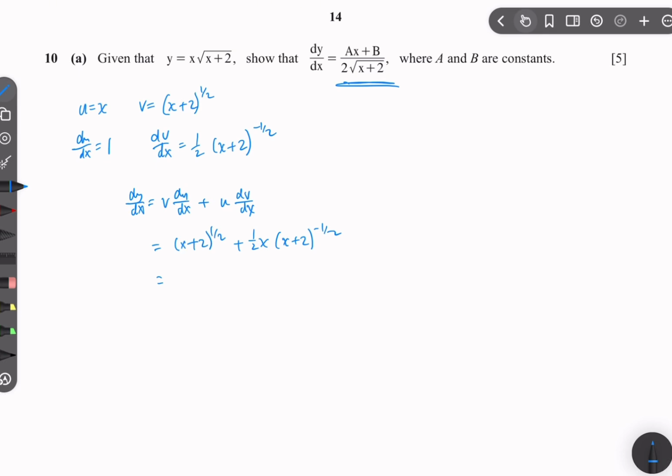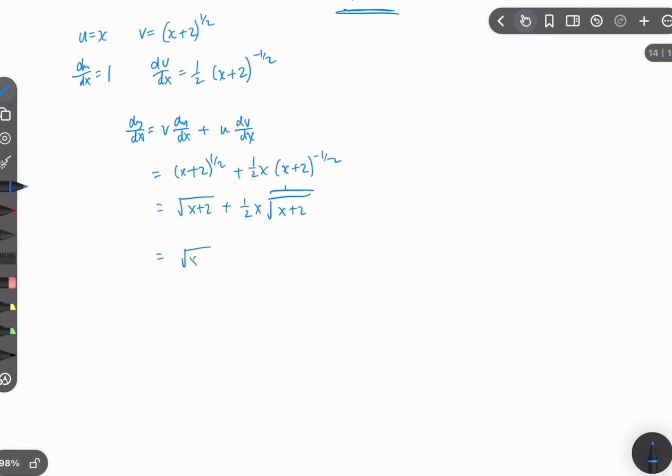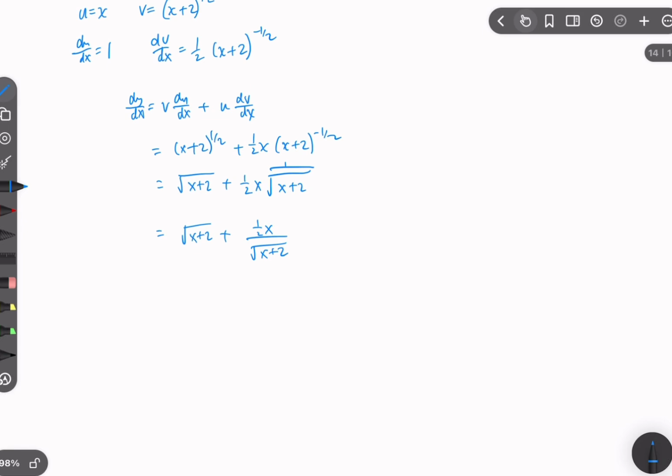So we can change the power of a half into the root. And this will be a fraction actually because of the negative. Wait, actually, I will change this. It will be x over 2 root x plus 2.